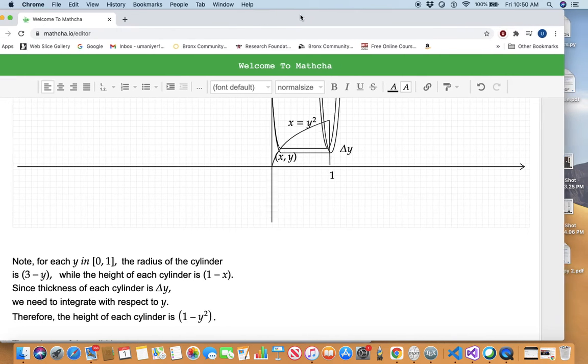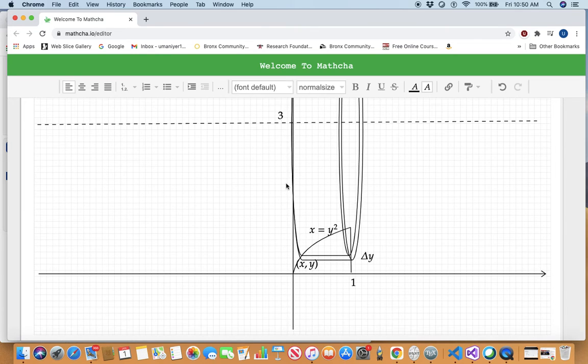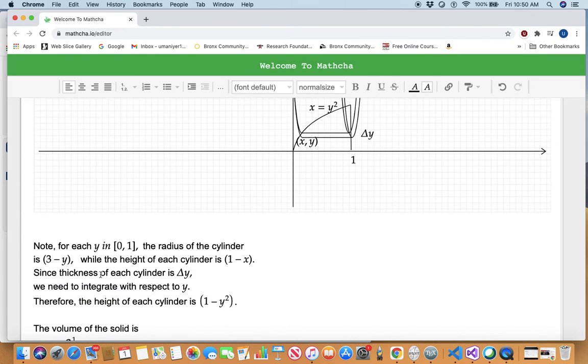So for each y from 0 to 1, radius of the cylinder is all of 3 minus y, while the height of each cylinder is 1 minus x. But x itself is y squared.